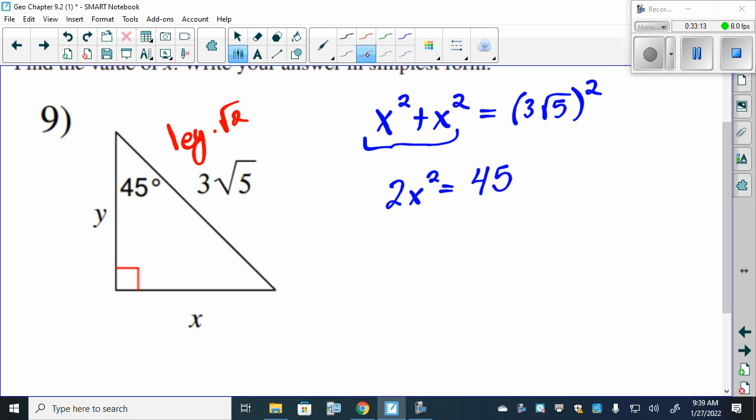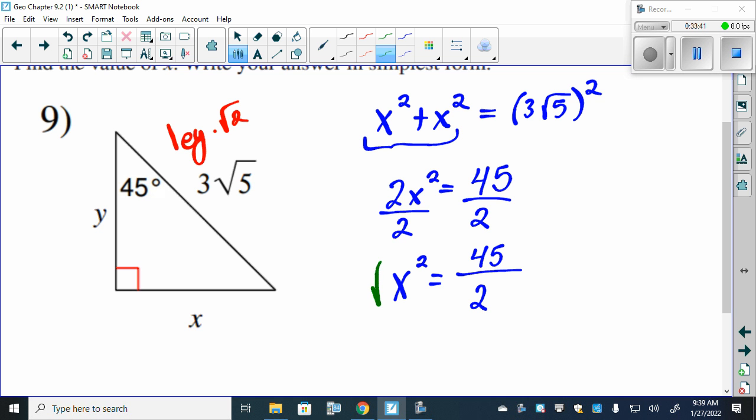Well, the next thing we would need to do is divide both sides by 2. X squared is equal to, well, we're going to leave it as a fraction, so that we get our answer with our radicals, the most precise answer we can.